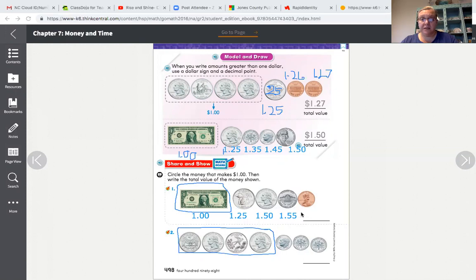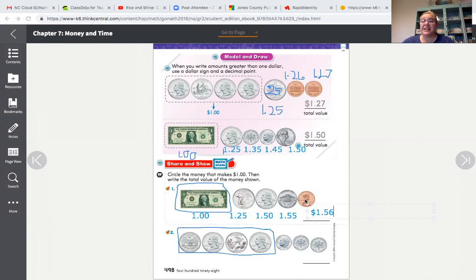All right, so that means I just need to add my penny to get my answer. So $1.55 plus a penny is going to give me, I'm going to put my dollar sign, $1.56. Is that what you got for number 1?